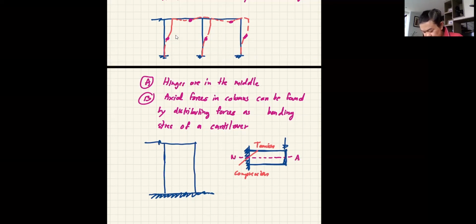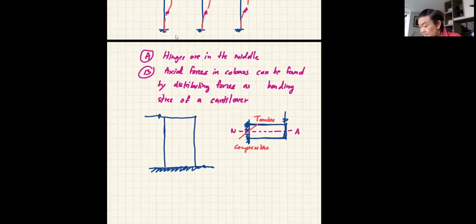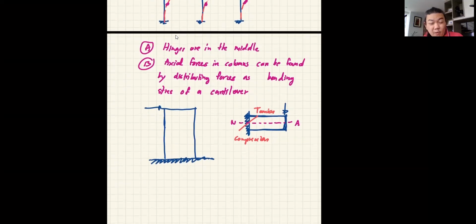We can use this to try to approximate the forces in the columns. Okay, so coming from here, now let's say you find the neutral axis of the columns, and now you know the stress is going to occur like that.